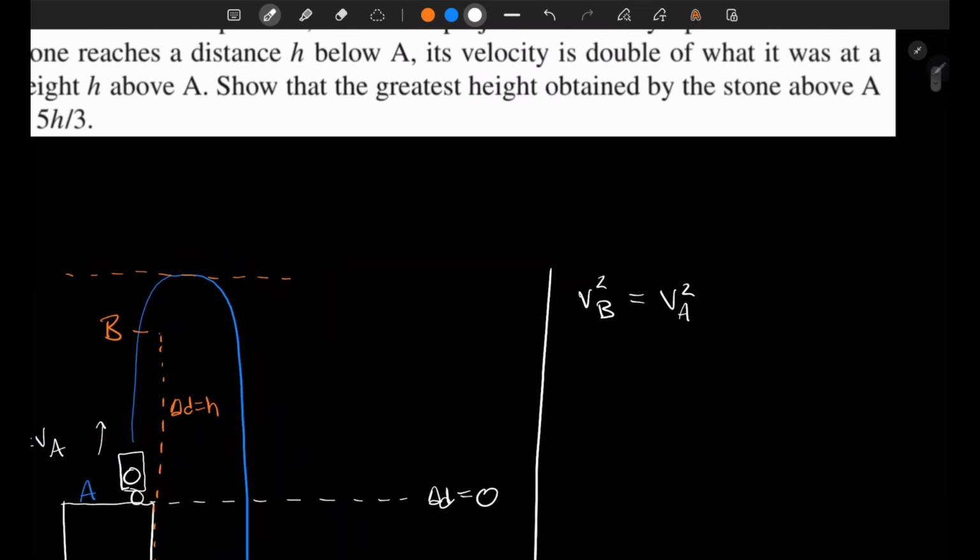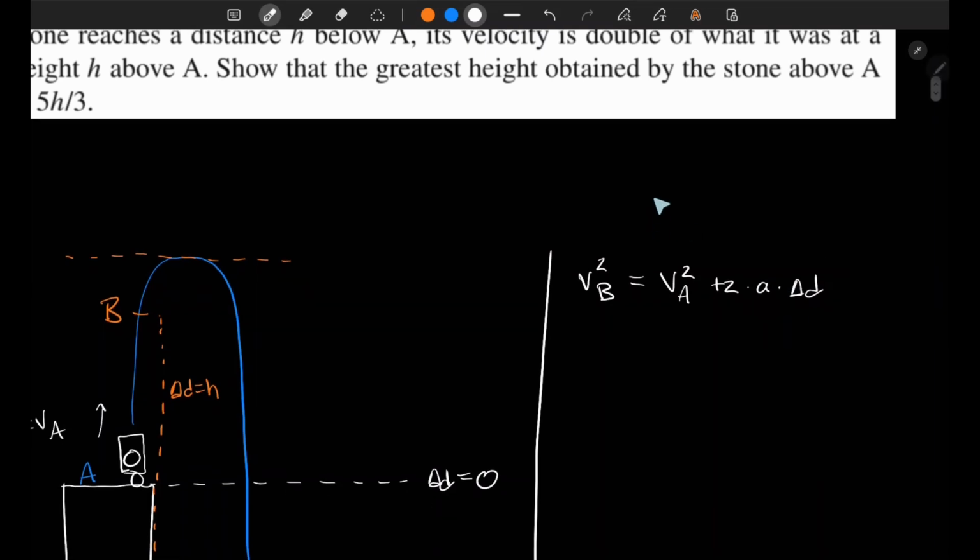And this is going to be vB squared is equal to vA squared plus 2 times a times delta d. Okay, well, we know that gravity, or the acceleration here, a is equal to negative g, right? Because gravity here is going to point downwards.